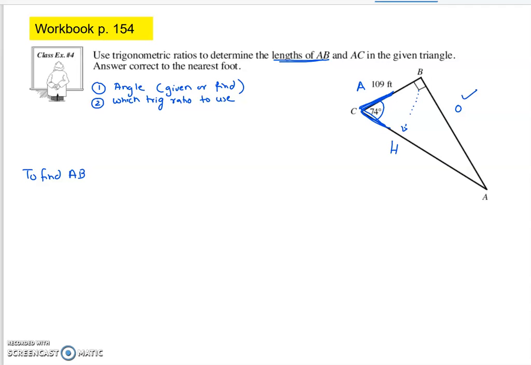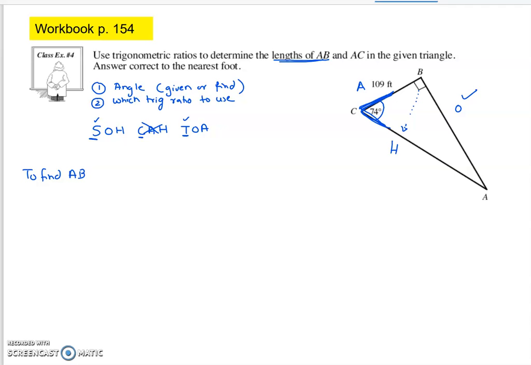And then we're going to write down SOHCAHTOA here. Now, whichever one of these identities, sine, cos, or tan, we're going to use needs to have opposite in it because we're trying to solve for it. So the two that have opposite in it are either sine or tan. So we can't use cos.